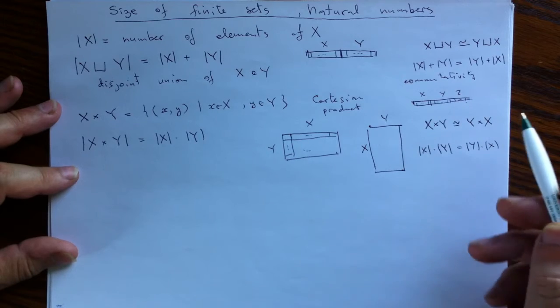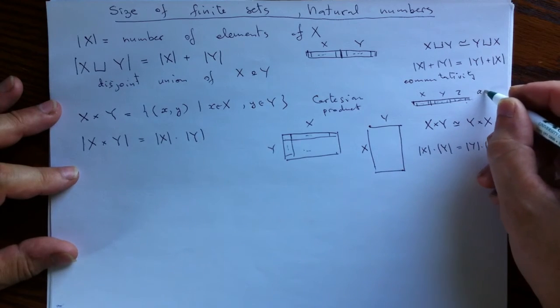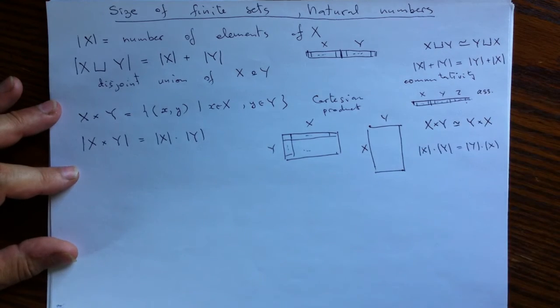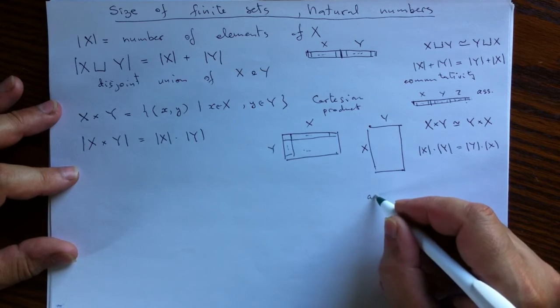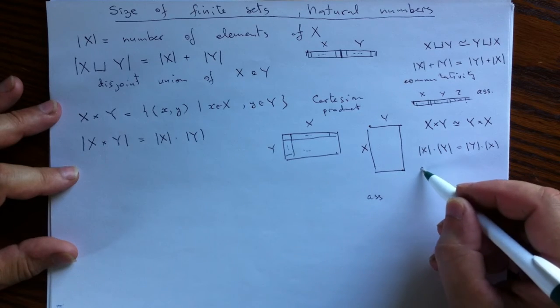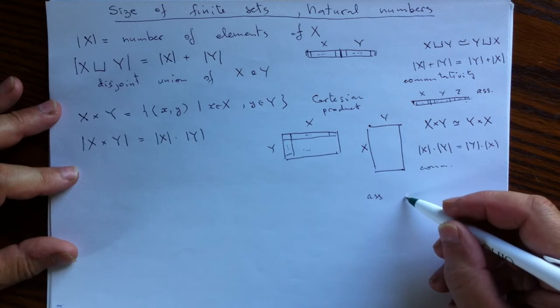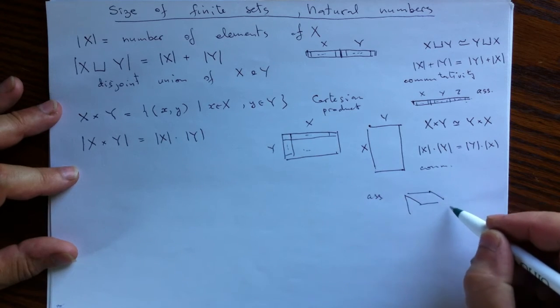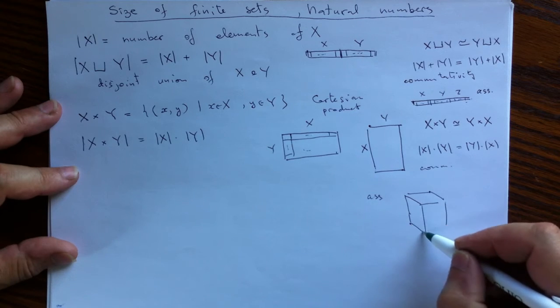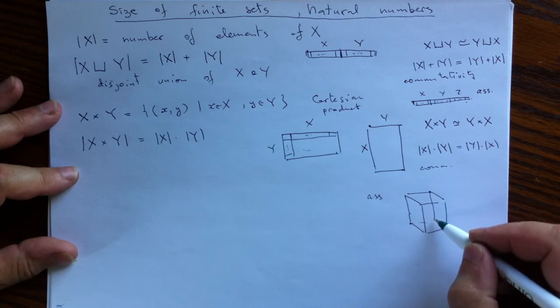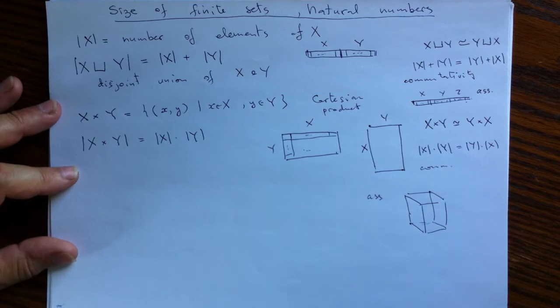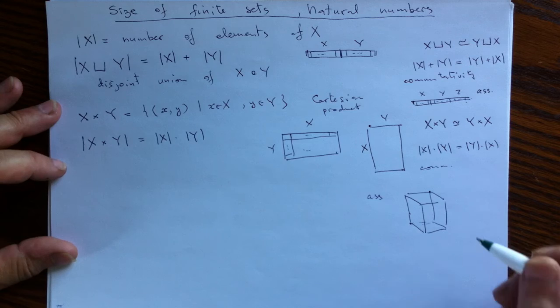Just this picture exhibits the associativity axiom of addition. For multiplication, there is commutativity as before, and associativity will be exemplified by a three-dimensional arrangement where we take three sets and use them as sides of an arrangement of little cubes.